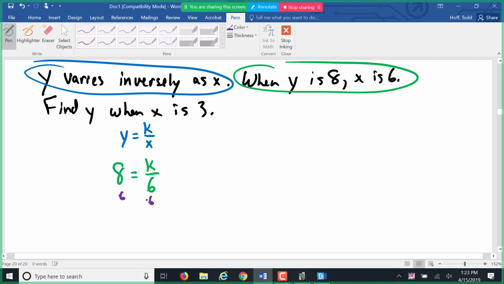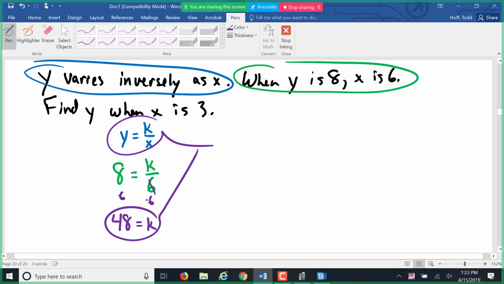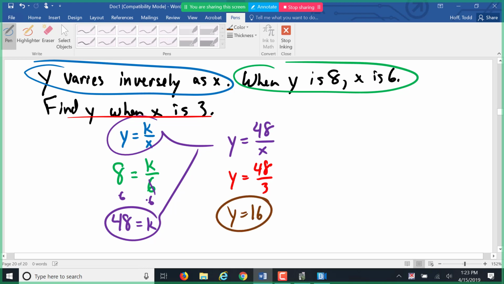We multiply by 6. 48 equals k. So that gives us the equation y equals 48 divided by x. And finally, find y when x is 3. We put in 3 for x. Y equals 48 divided by 3 is 16. Y equals 16. Any questions?